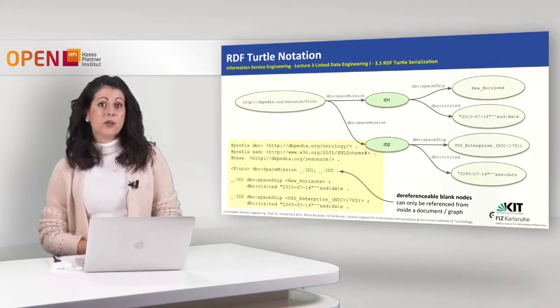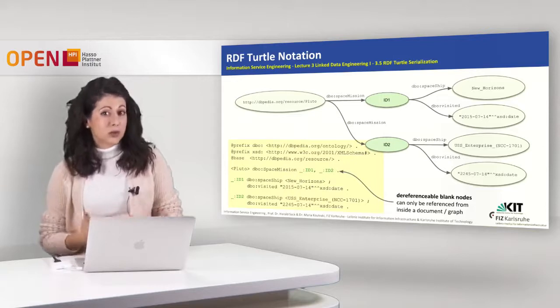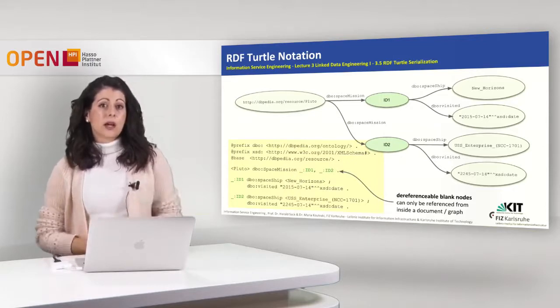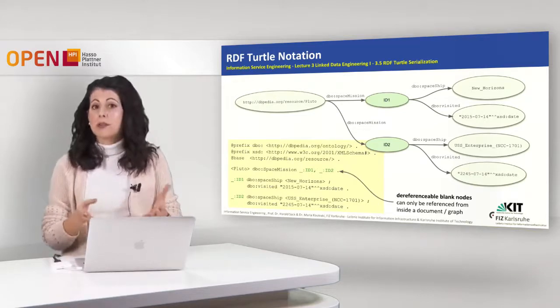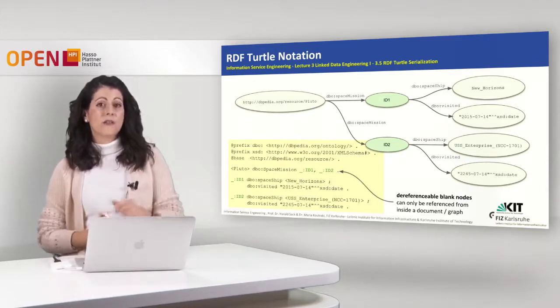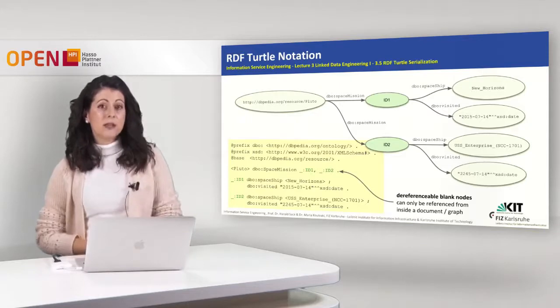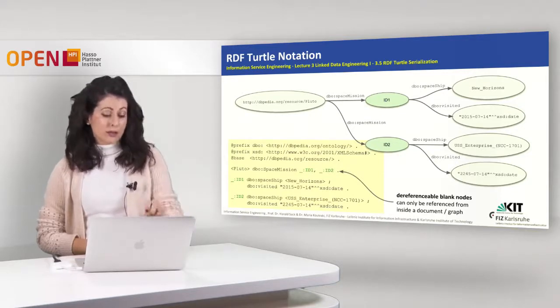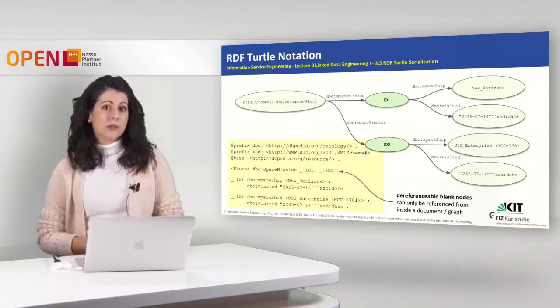We said in the previous lecture that they cannot be dereferenced from another graph, and this is still true. But if we assign an identifier to them, they can be dereferenced from the same graph or the same document. So we can split the previous triples instead of having them in a nested format. We introduce these 2 identifiers and then split the triples so that each has its own subject. It's another way to represent the same information, but might be better readable.